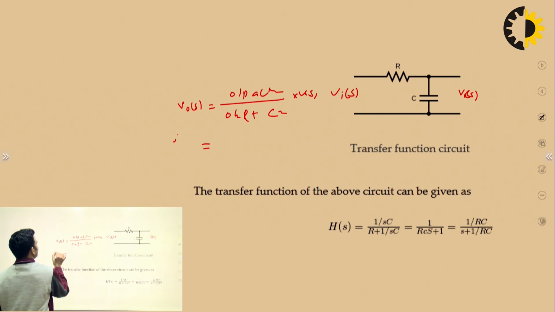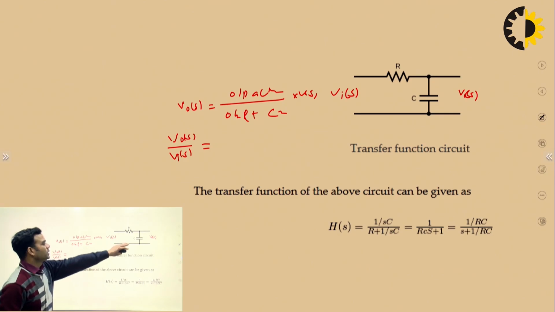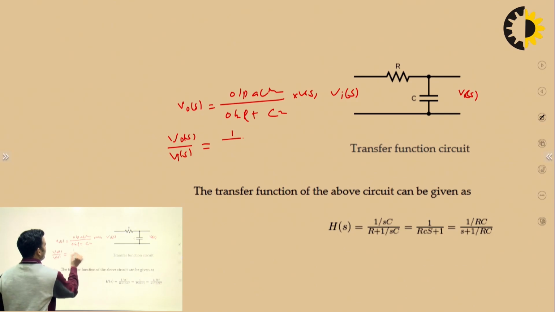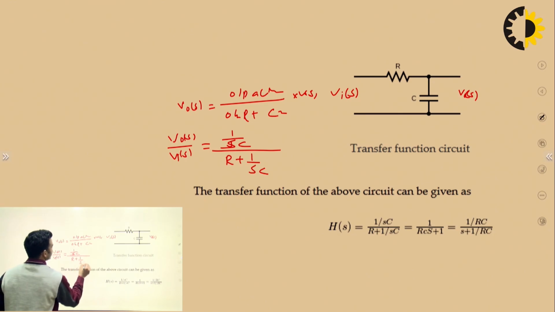So, V naught S upon VIS will be what? The impedance of the capacitor, that is 1 upon j omega C or 1 upon SC, upon R plus 1 upon SC.